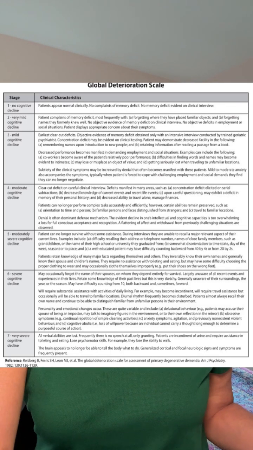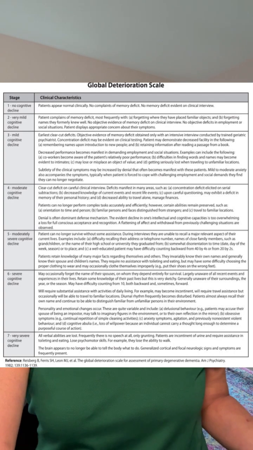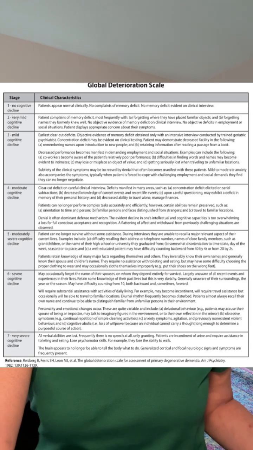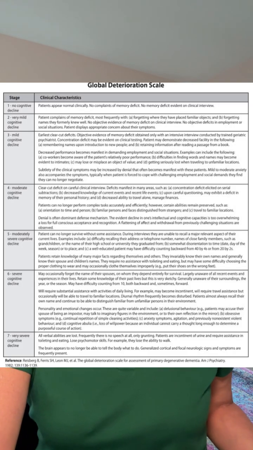The other reason I share it is that the GDS can help provide a bit more of a roadmap for us to help us understand what likely is coming up next. And it can help guide decisions around the level of care and supervision a person now needs or is going to need in the future to feel safe and to feel supported.